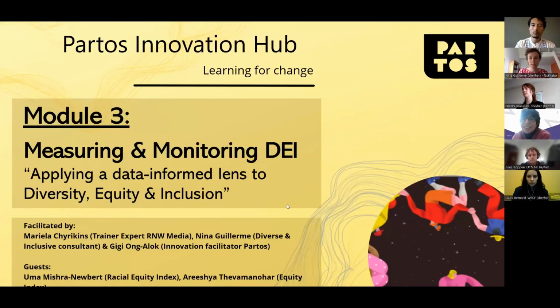Session. So basically, we are going to dive into how to apply data for diversity, equity, and inclusion, and we will look at the pre and post assessment in order to build a strategy for DEI.